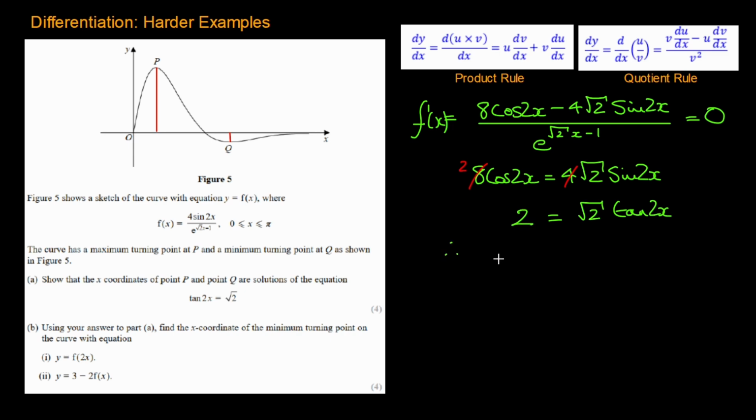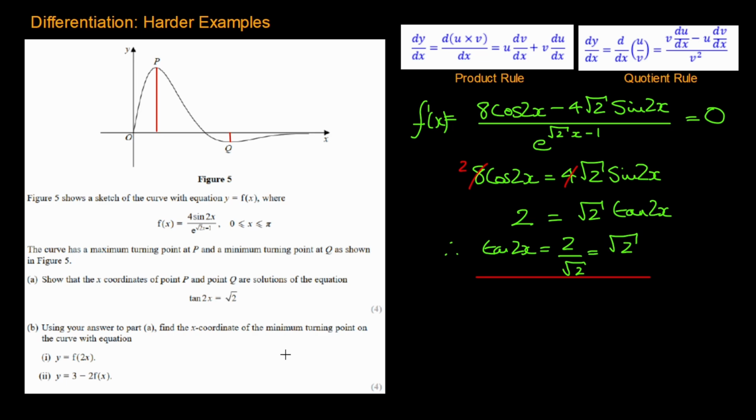So moving things round again, I get that tan 2x is equal to 2 divided by the root of 2, which is equal itself to the root of 2, because 2 can be expressed as root 2 times root 2. And we've proved that the turning points are the solutions of the equation they have suggested in part A.